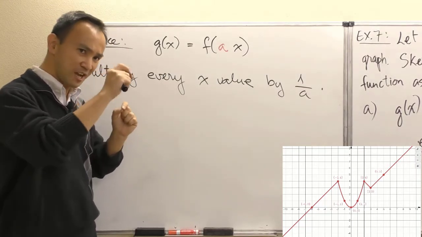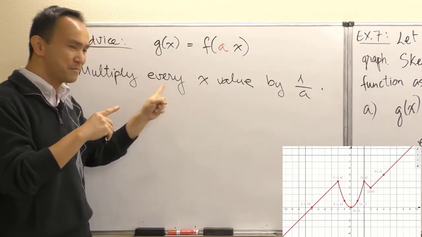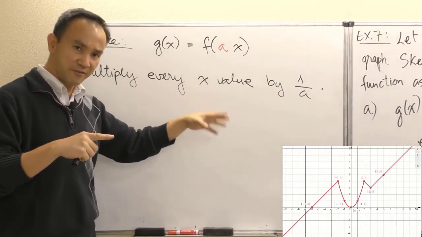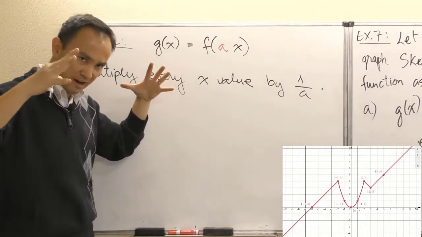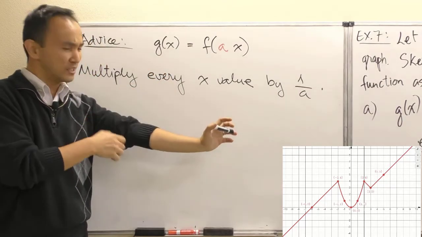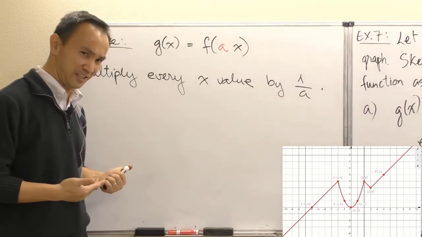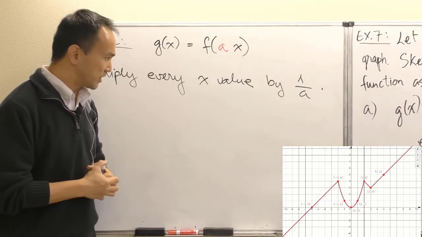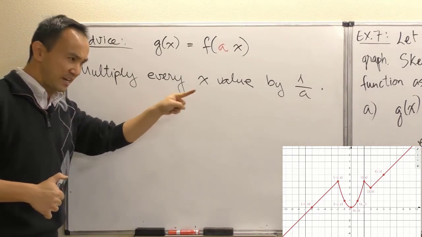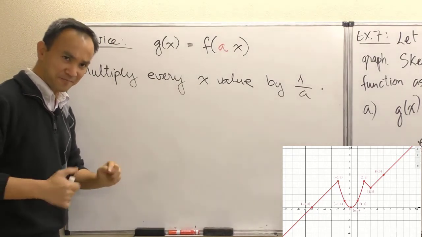Once we stay on those guiding points and do the proper transformation on every guiding point, then the graph is going to fall out accordingly. That's the whole purpose of using guiding points. Guiding points, again, are just my own personal approach, and I would like to pass it down to my students. So now I'm going to multiply x consequently on every guiding point on this graph. So let's now make a table.